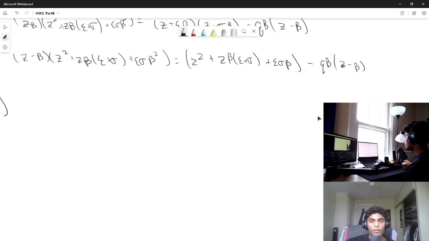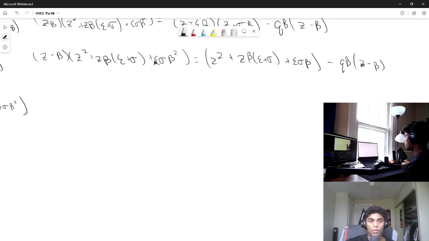So now that we have this long mess of a solution here, what we can end up doing is we can go ahead and try and convert it into the cubic form, which looks like z cubed plus c1z squared plus c2z plus c3 equals 0.